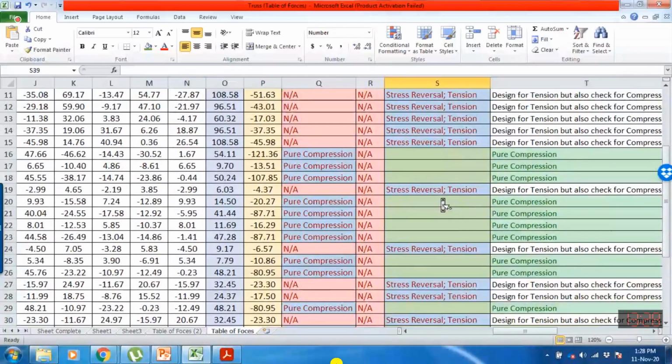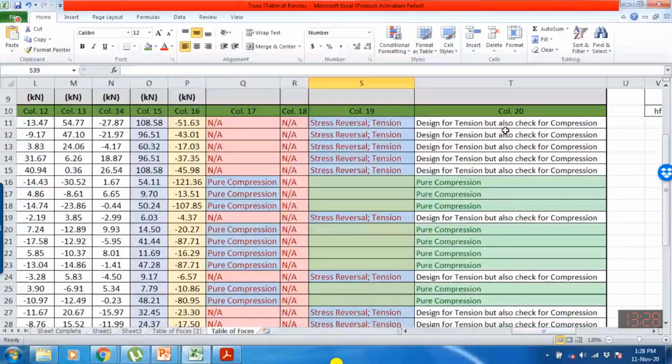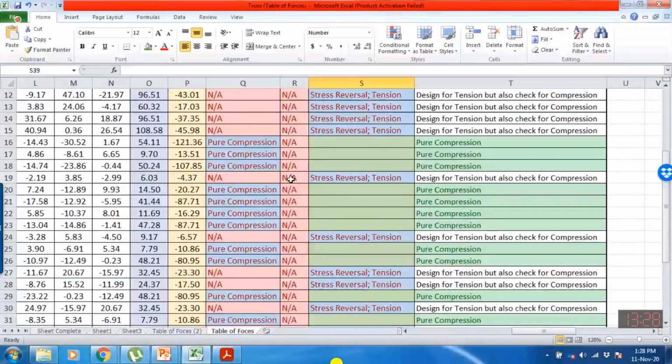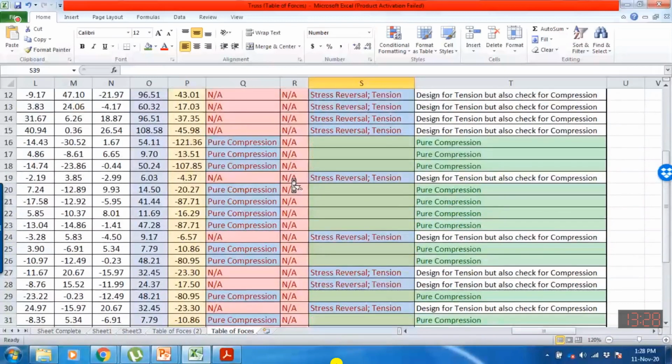For example, this member will be designed for tension, but capacity will be checked for compression. So this member will be designed as pure compression. We do not have any pure tension member, but you might have. I believe that in this table there are some mistakes. I will try to find some old table where all the values are correct. Or what you may do, any student can send me his own table of forces and I will check it. I believe that some of the members must also be compression members.